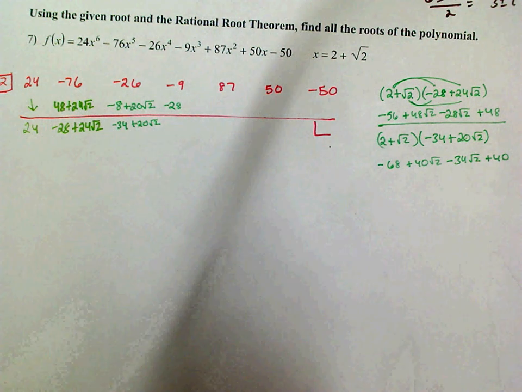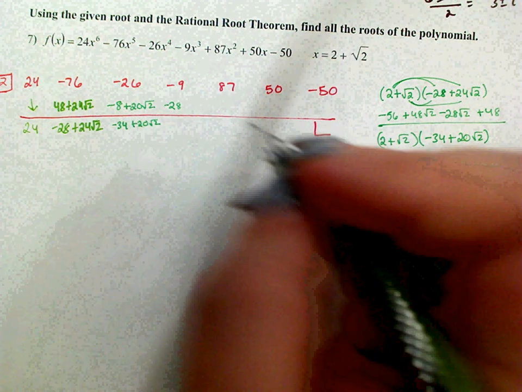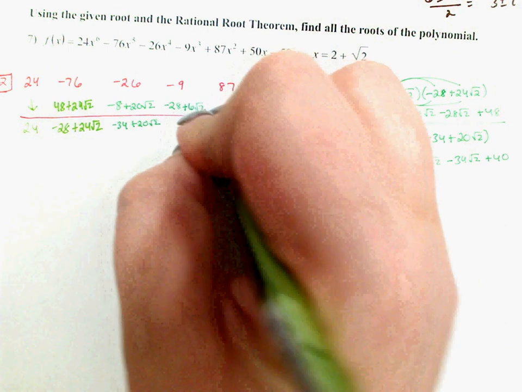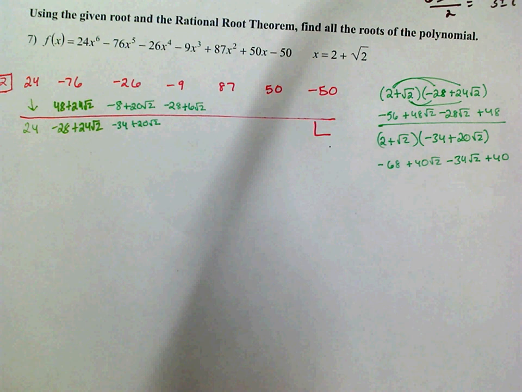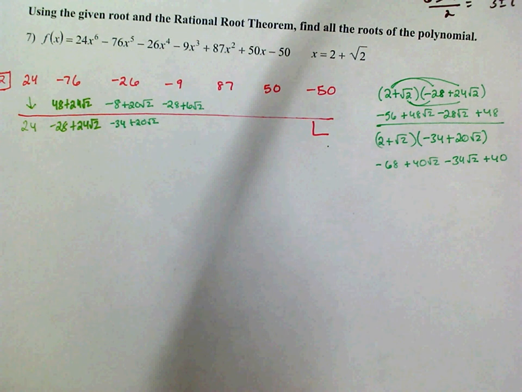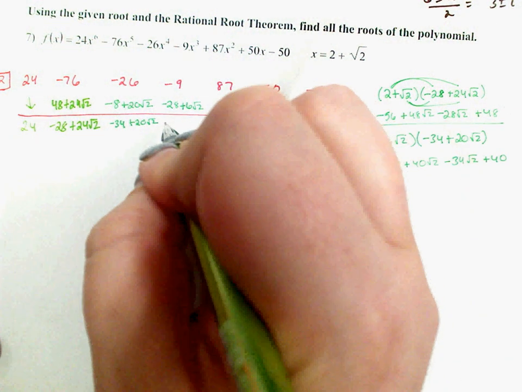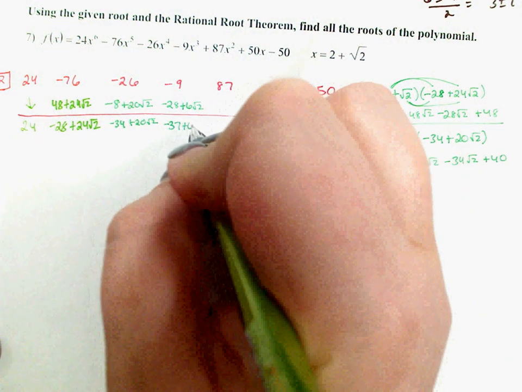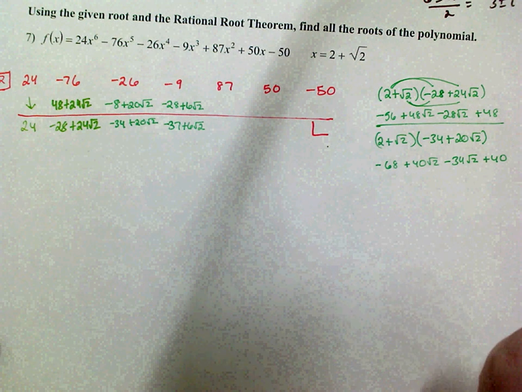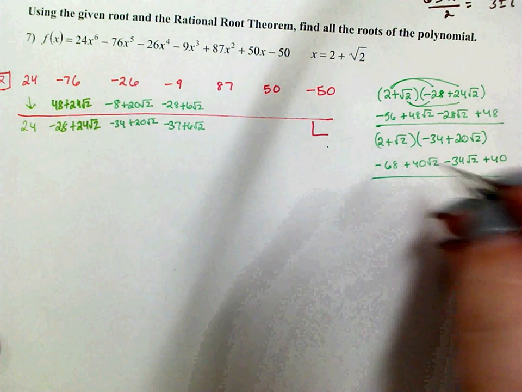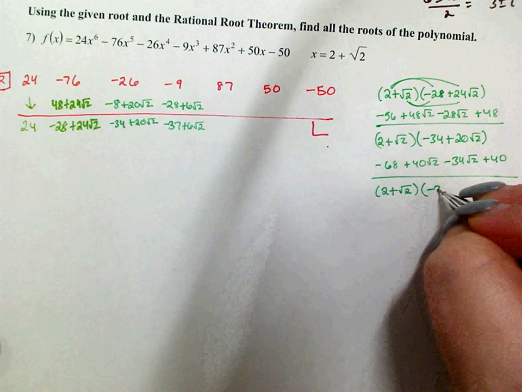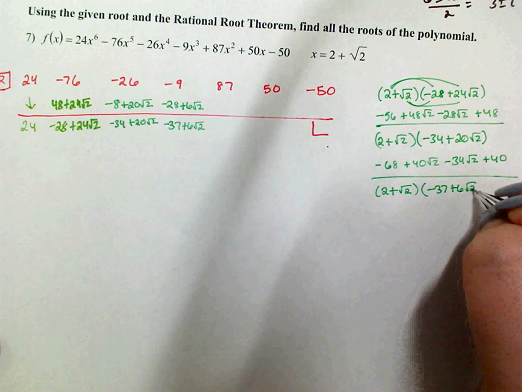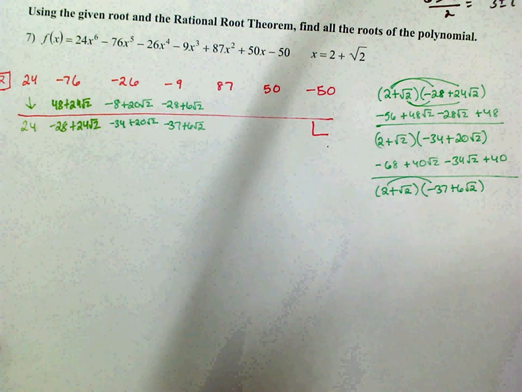All right, negative 9 minus 28. So negative 9 minus 28 is negative 37. Negative 37 plus 6 square root of 2. Okay, so 2 plus the square root of 2 times negative 37 plus 6 square root of 2. 2 times negative 37 is a negative 74. 2 times 6 square root of 2 is 12 square root of 2.